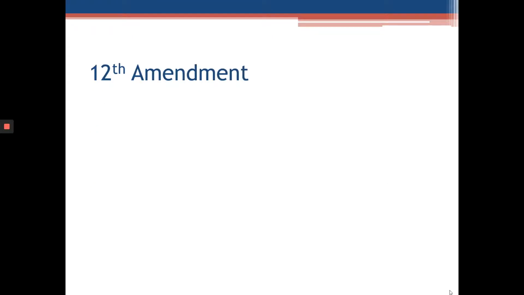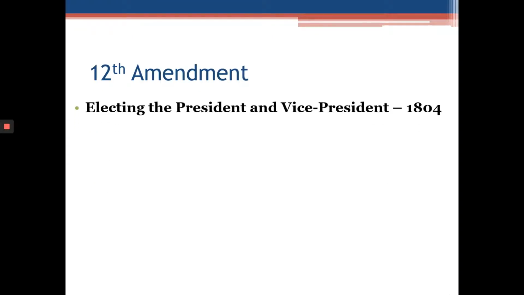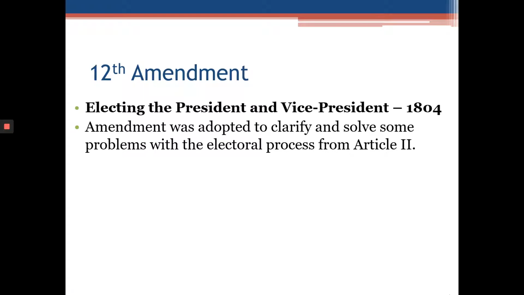All right, so the 12th Amendment is the changes to the second article involving the election of the president and the vice president. This largely has to do with the election of 1800 between John Adams and Thomas Jefferson. So this amendment was adopted to clarify some of those problems.